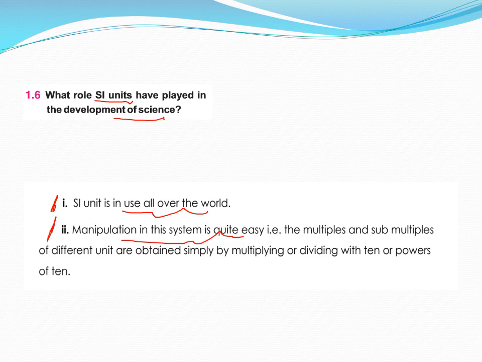That is, the multiples and submultiples of different units are obtained simply by multiplying or dividing with 10 or powers of 10. So two main points are discussed. One is the universality or standardization, which is obtained throughout the globe, and second is the convenience in the conversion of the SI units.